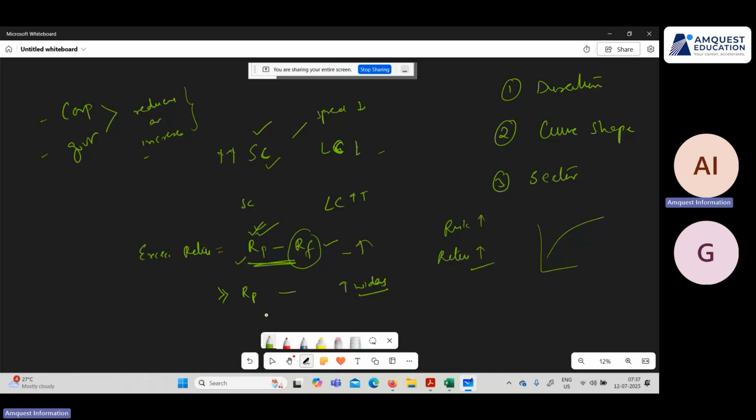and then the spread widens. Now, apply this exact same logic in terms of corporate and government, where government represents here T-bill and corporate represents your RP. Okay? This is risk-free, this is risky. So when I believe that the markets are doing well and the chances of defaults are low, I would want to invest into corporates more.